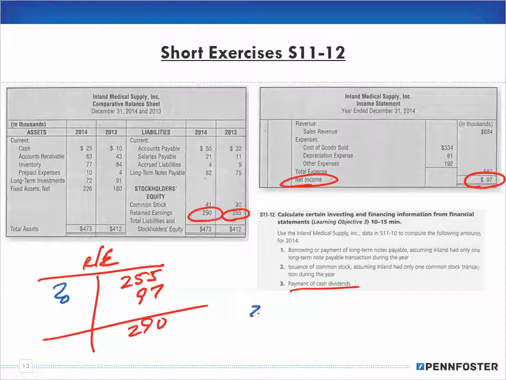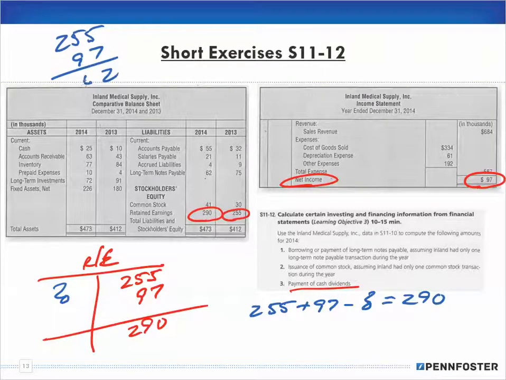If I have 255 plus 97, minus some amount, and it ends up being 290, let's do the math. 255 plus the 97, that's 352. And then we subtract out the 290, and that means we have 62,000 that was paid out in order to pay the cash dividend.